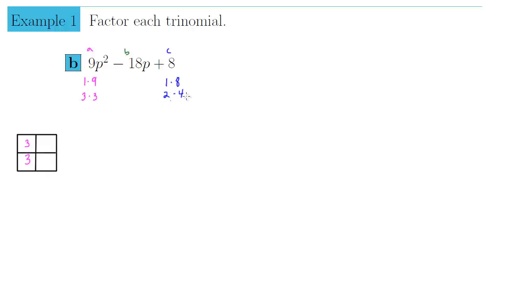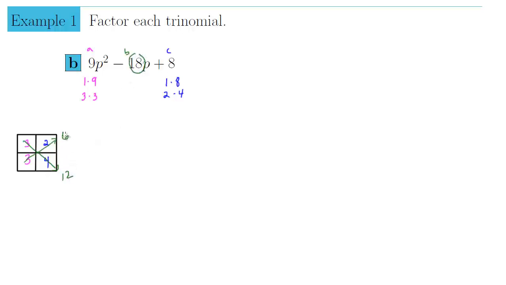And then we need to put factors of c in the second column. So let's try 2 and 4. Okay, well, 3 times 4 is 12. 3 times 2 is 6. Can 12 and 6 combine in any way to get the 18?